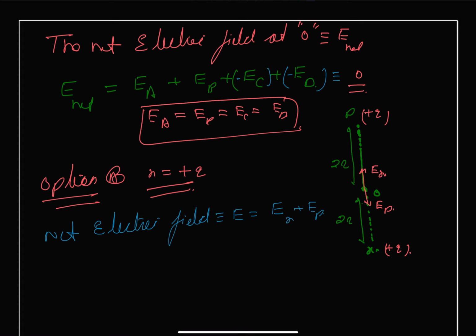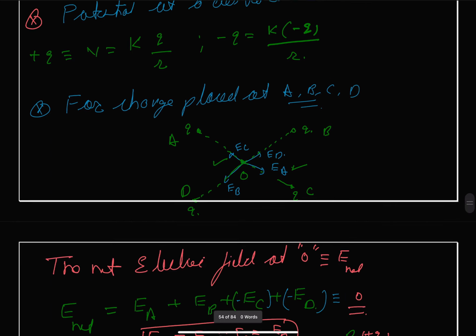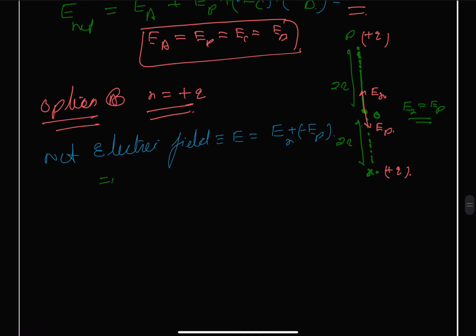So one will be positive, another will be negative. So let us take that our EP is our negative. Okay. And charges same, the distance between them is same. Therefore we can say that from the figure also our EX will be equal to our EP. Therefore our net electric field, that is our E, will be equal to 0.